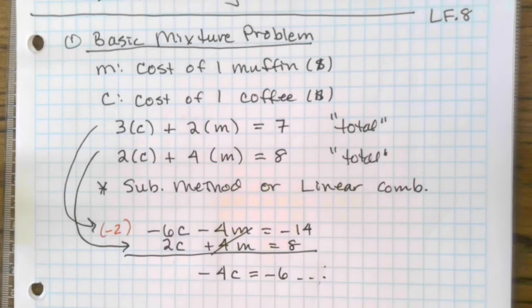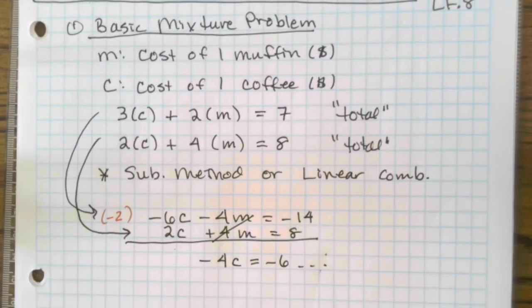So I'm going to put dot, dot, dot because this example, it'll still work. There's going to be dollars and cents. So you would keep going and find the cost of a coffee, and it wouldn't necessarily be a whole dollar amount. Anyway, that's how I would start it. Okay, so that's your first type of problem, a mixture problem.